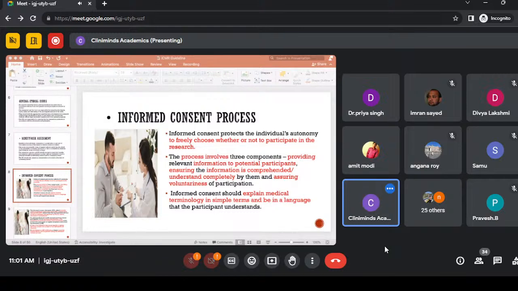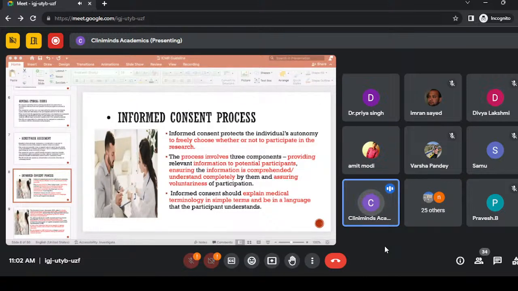Fair distribution, fair practices. So we should respect the person. We should make them well informed about the trial. We should take their consent. Then only they should participate in the research. So informed consent is an ethical as well as a legal requirement in clinical trials.